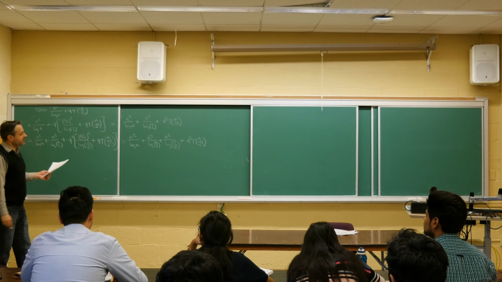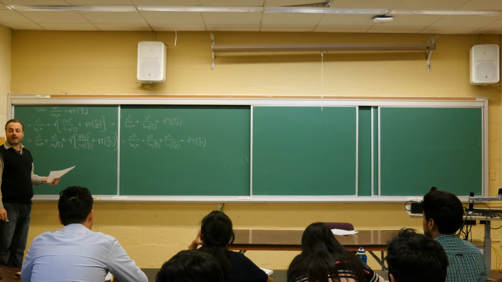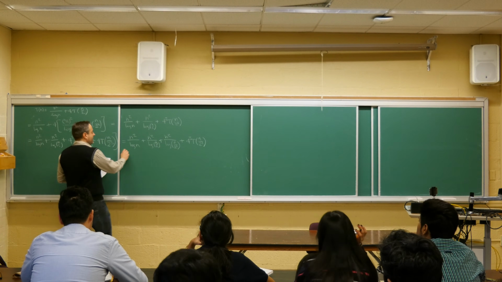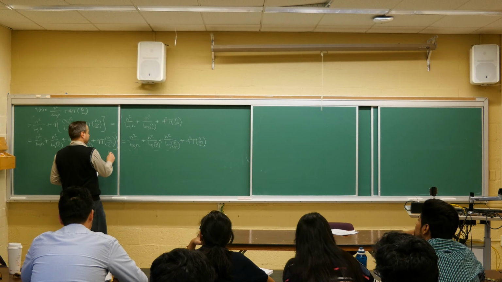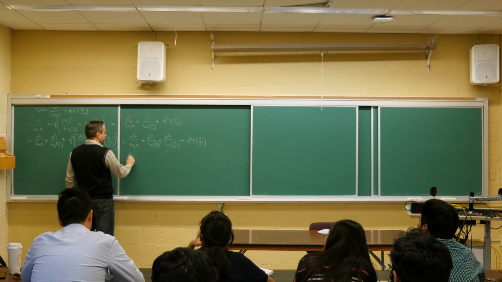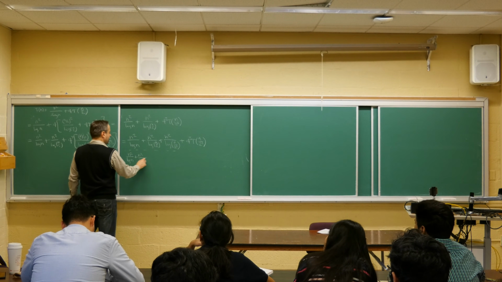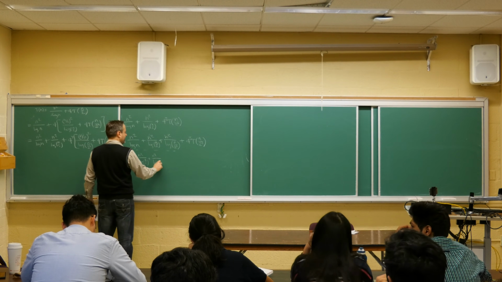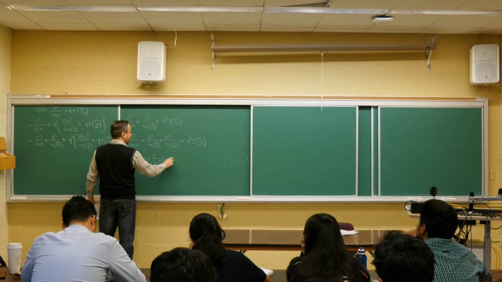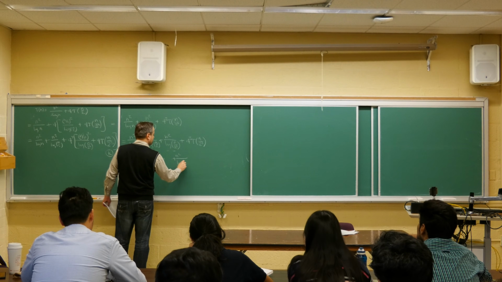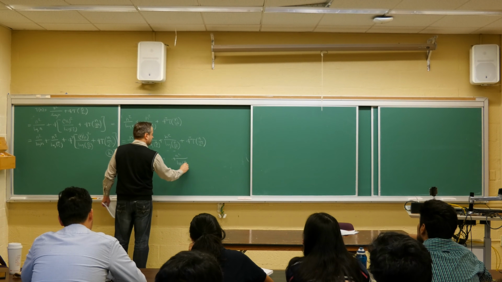Now, do you think we did it enough to find the pattern, or guess the pattern? Because that's the next step, guessing the pattern here. So if we do this k times, what would be the pattern? Looks like it's n squared divided by log n, plus n squared divided by log of n by 2, plus n squared divided by log of n by 2 squared, plus n squared all the way to log of n divided by 2 to the k minus 1.